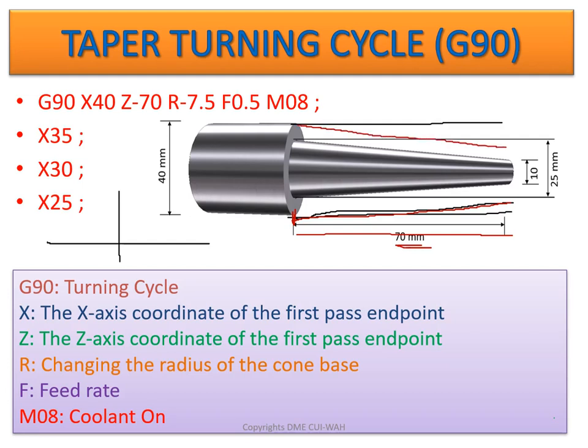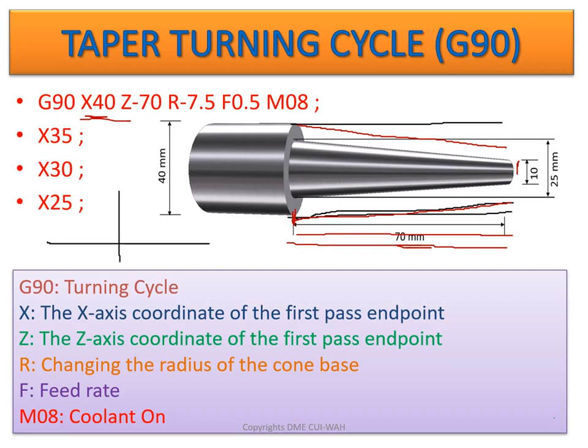So what will happen? The tool will move from this point to this point to this point, a length of minus 70 mm. Here the tool will stop at a distance of 40 mm. So at this end the diameter will now be 40 mm, but at this end the diameter will now be 25 mm, because we have given the dimension of minus 7.5.